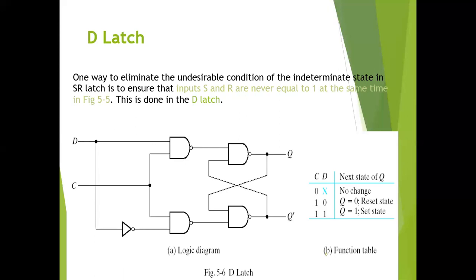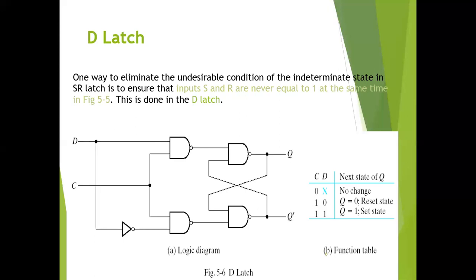And if D is equal to 0, the output Q goes to 0, as we can see in this function table, placing the circuit in the reset state. So simply by changing the value of D, we can change the state of the latch to set or reset state.